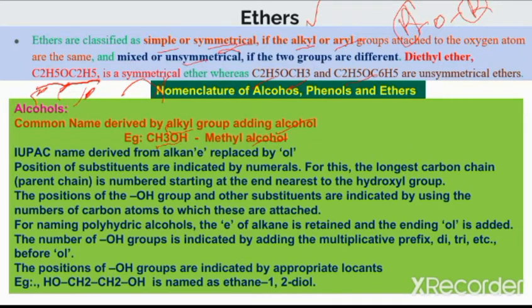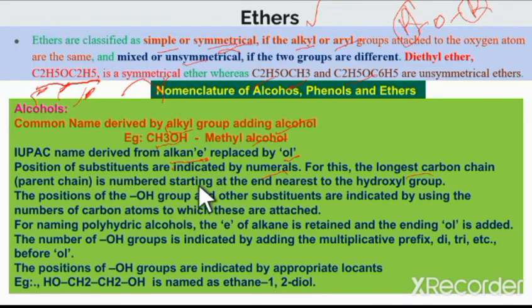Whereas in case of the IUPAC system, the name is derived based on the alkane name. The alkane's final E is replaced by the suffix OL, so it becomes alkanol. The positions of the substituents are indicated by numerals. For this, we have to consider the longest carbon chain, which is known as the parent carbon chain.